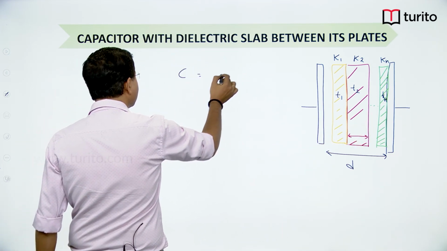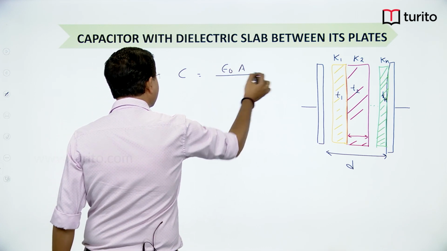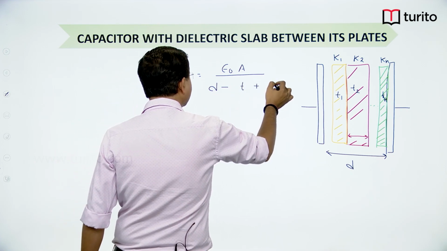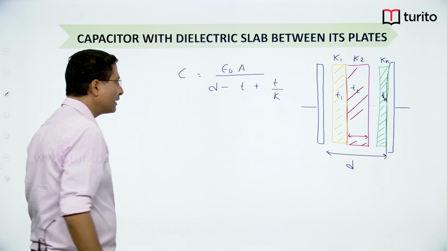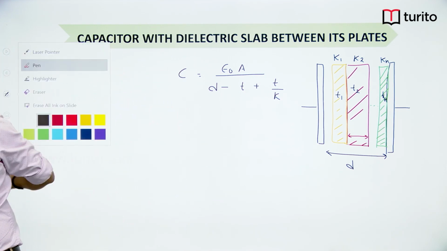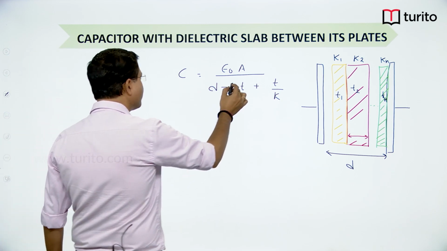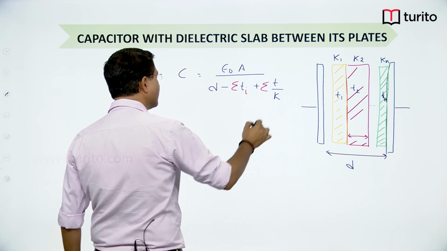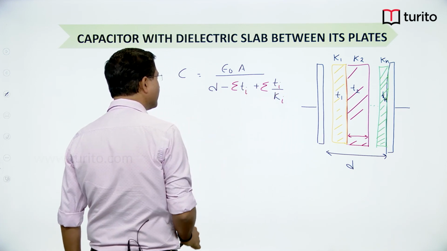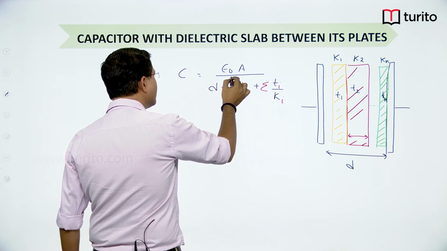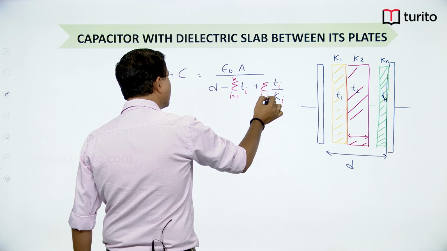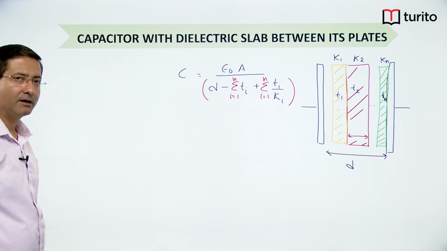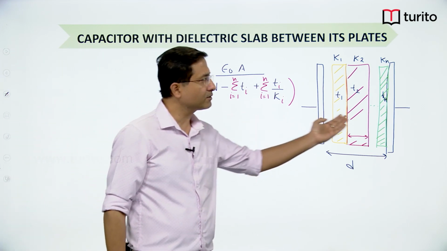The same formula, epsilon naught A divided by d minus T plus T divided by K. What I will do is put sigma. So here I will add sigma, here I will add sigma i, where i is equal to 1 to n. The whole formula I can modify and I will get the capacitance for such a system.